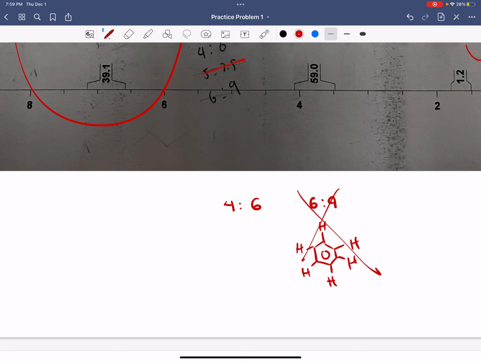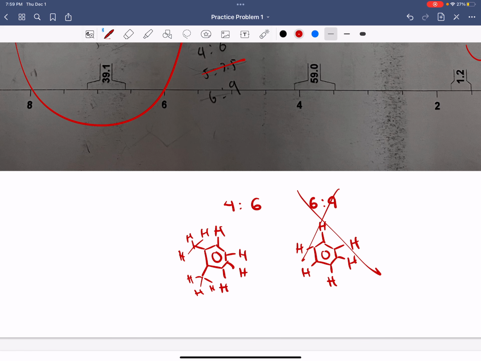That makes more sense because the benzene ring has 4 hydrogens: 1, 2, 3, 4. That left me with 2 spots for the side chains that are very likely to have 6 hydrogens, because 1, 2, 3 and 1, 2, 3. That gives me 6 hydrogens.